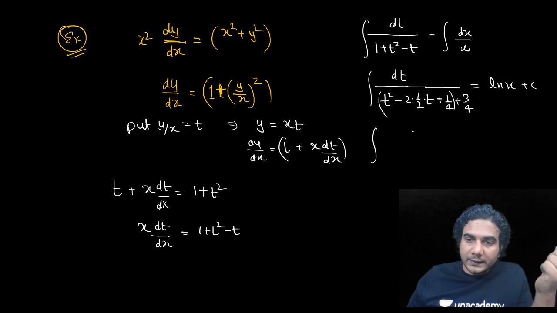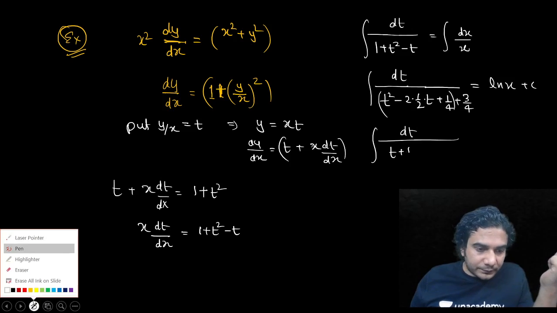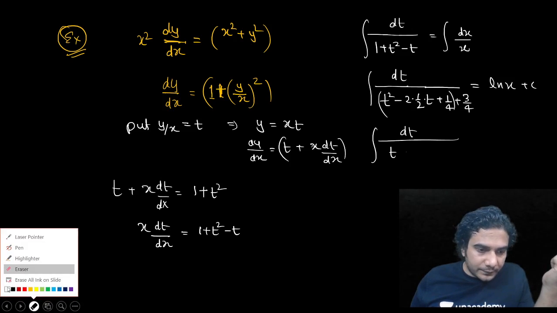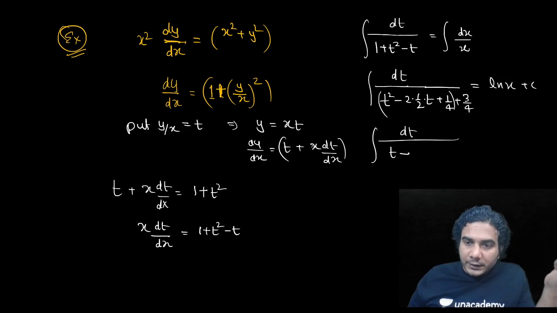Now the left hand side is going to be dt upon t minus 1 by 2 the whole square plus root 3 by 2 the whole square is equal to ln x plus c.